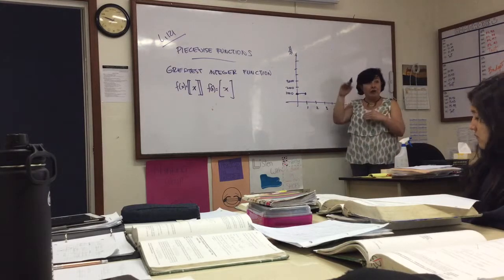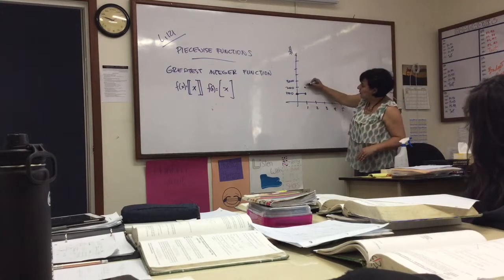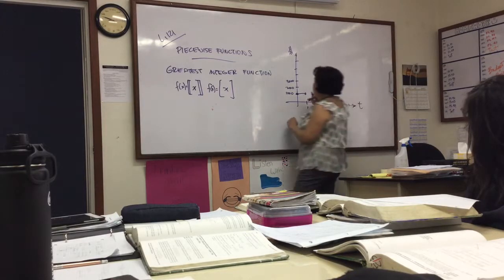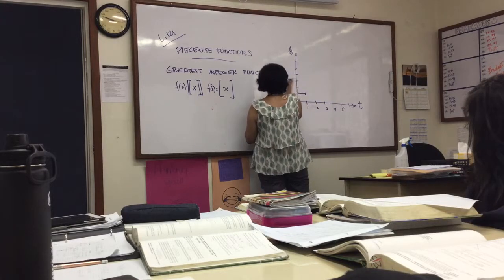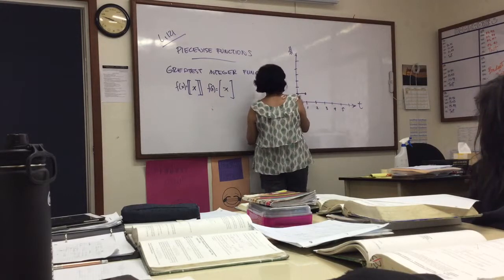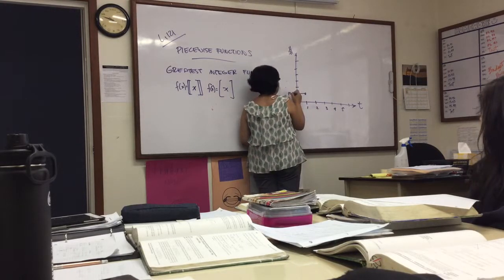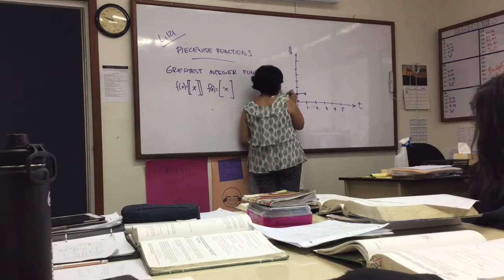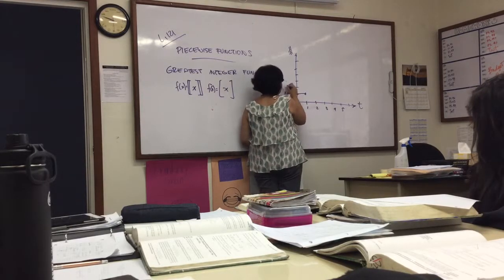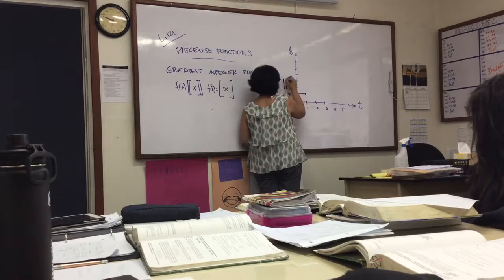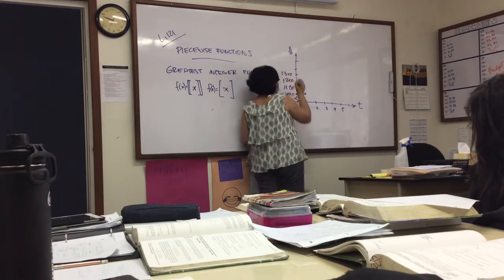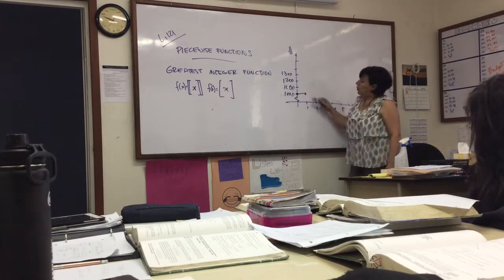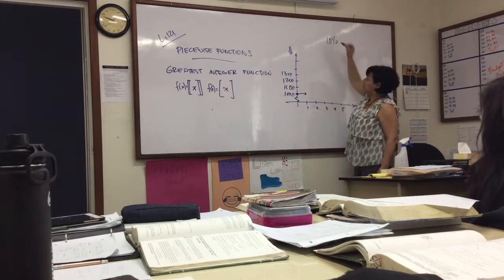But then 24 hours go by, and boom, I am up here. This is 1,000, and this is 1,100. There we go. 1,200. Just to prove a point. Okay. So 1 year, and this is 10% interest, right?